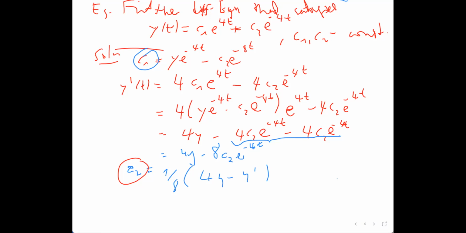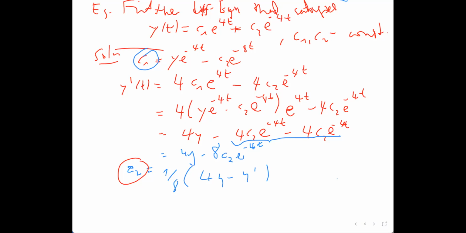At this point we have computed c2 in terms of y and y'. Now our next ambition is to compute c1 in terms of y' and y. So what do we do?